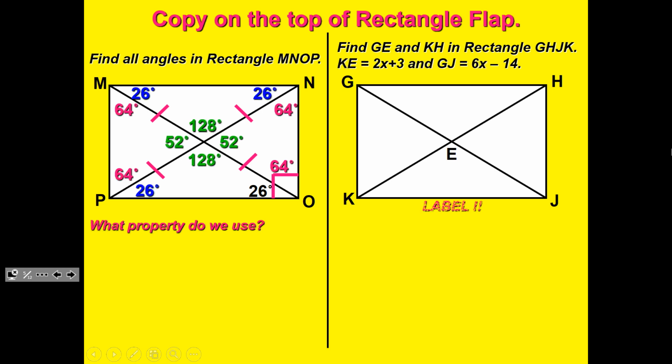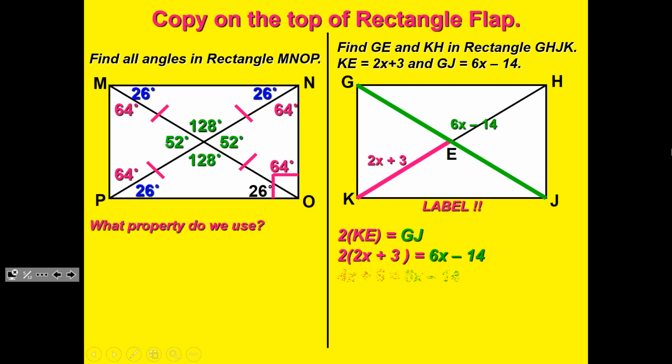Right, double that smaller one, okay? So we already went in and labeled. We double the smaller one to set it equal to the larger one. So exactly what he said. We doubled the 2x plus 3, and it became 4x plus 6. So now I have 4x plus 6 equals 6x minus 14.